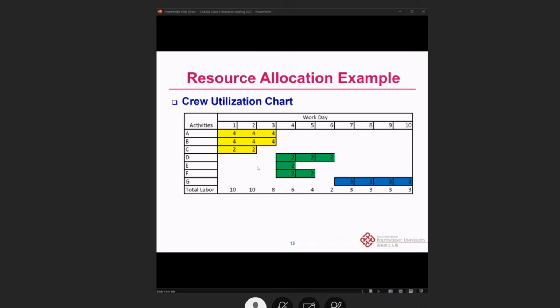Okay, 10 labors. For day 3, we need A, and for activities D, E, and F from day 4 to day 6, we need 6 labor for day 4, 4 crews for day 5, and 2 for day 6.